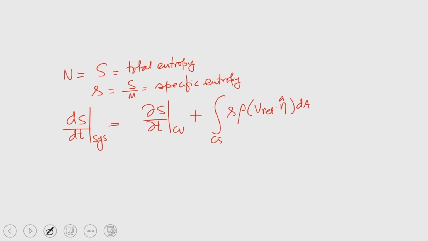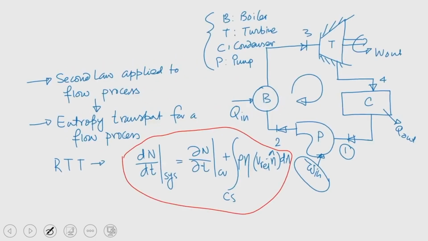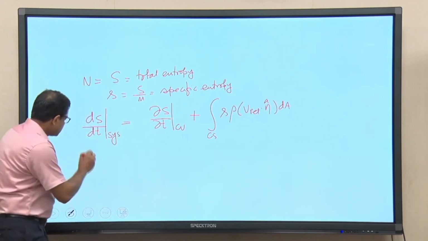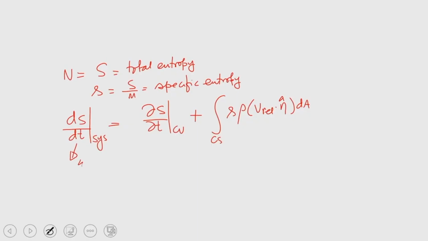If I go back to the previous slide, this dN/dt system is the net change of an extensive property, say N, within the system. Similarly, this is the net change of entropy within the system.